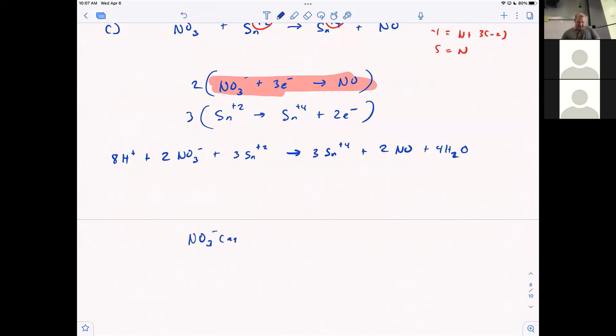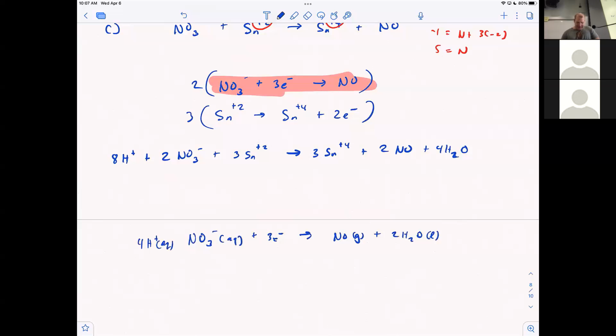NO3 minus aqueous plus 3 electrons would yield NO gas, and then also plus 2 water liquid and 4 hydrogen.